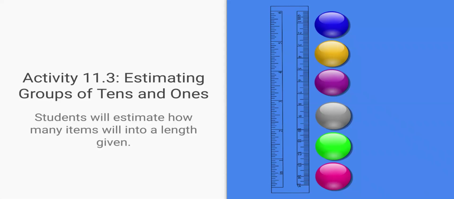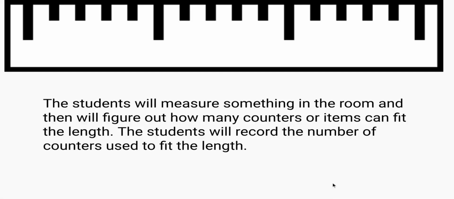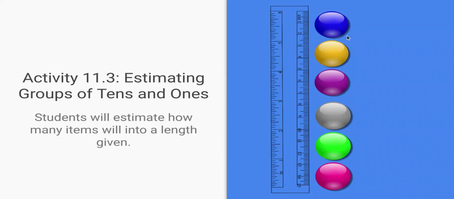Was I far off? And then next time they might get better at estimating. So in this example, we'll go ahead and count the marbles. So there's 1, 2, 3, 4, 5, 6. There are six marbles, which is about the same length of this ruler.